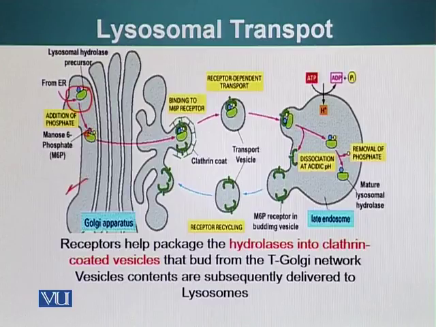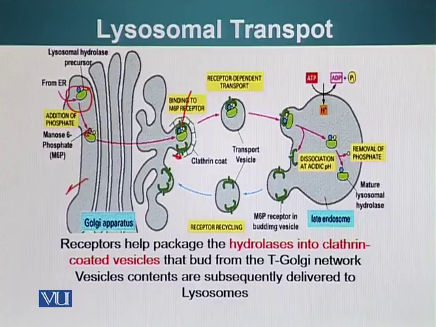Recognition of the structure happens in the trans-Golgi network, by a specific receptor. Once this receptor binds the lysosomal enzyme, it has a conformational change. Now the cytoplasmic domain of this receptor will bind a specific type of coat protein.